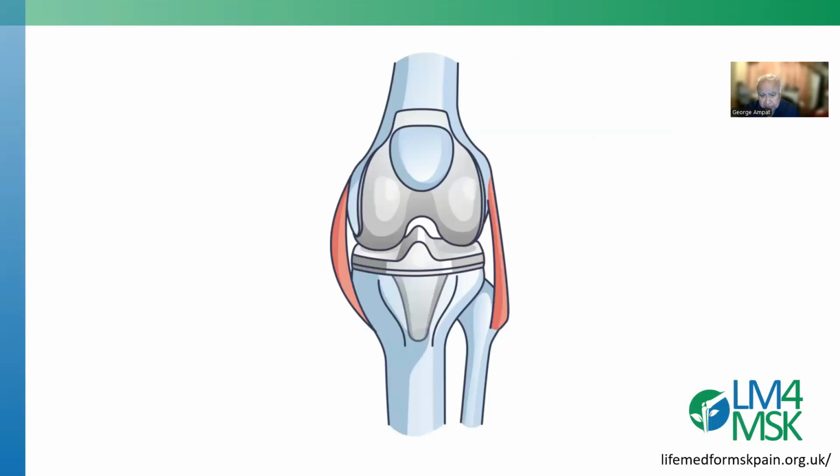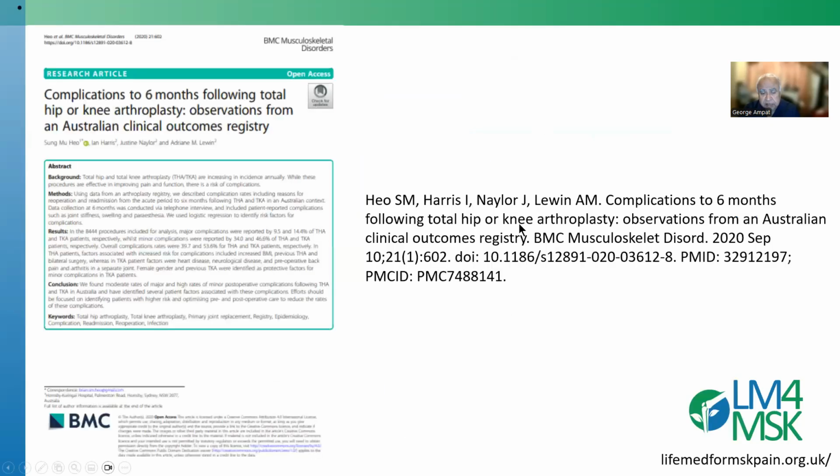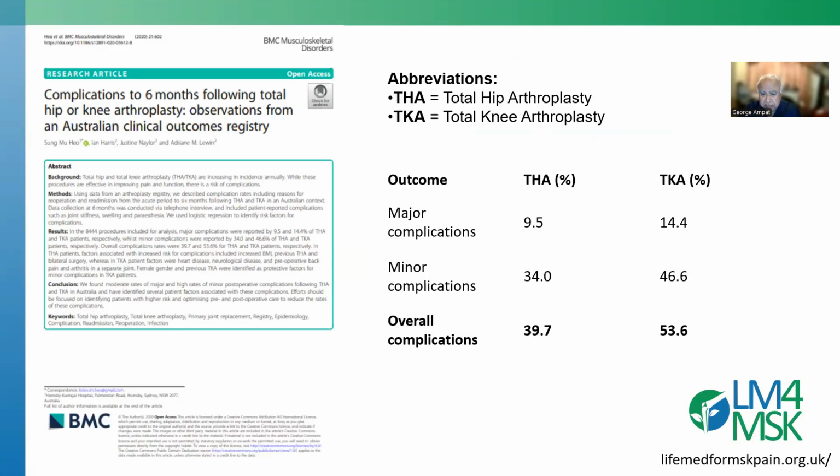Now, this is a knee replacement. We think knee replacement is easy, but it's not. You look at the Australian registry, they reported their complication rate. And sometimes it is important that we tell our patients. In a total hip replacement, the major complications are 10%, minor complications 34%, total overall complications 39.7%.